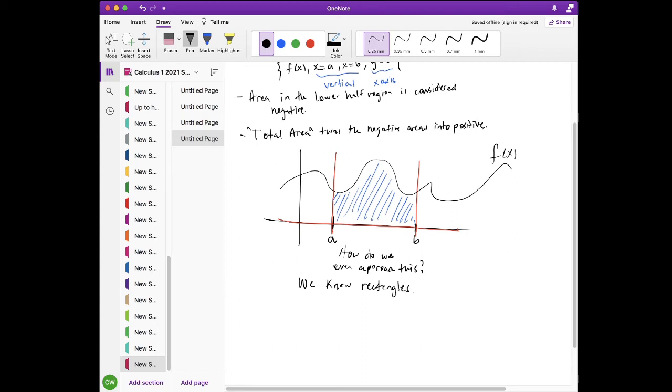So what we can do is approximate area by rectangles. Maybe you could do this. It's not what we'll do, but notice that this stuff down here and over here kind of looks like rectangles.